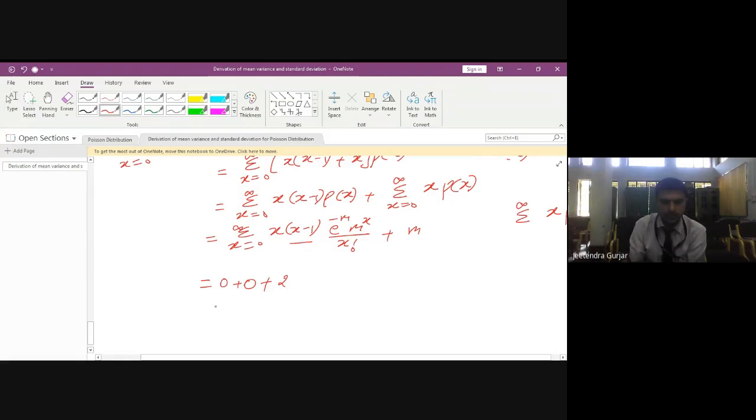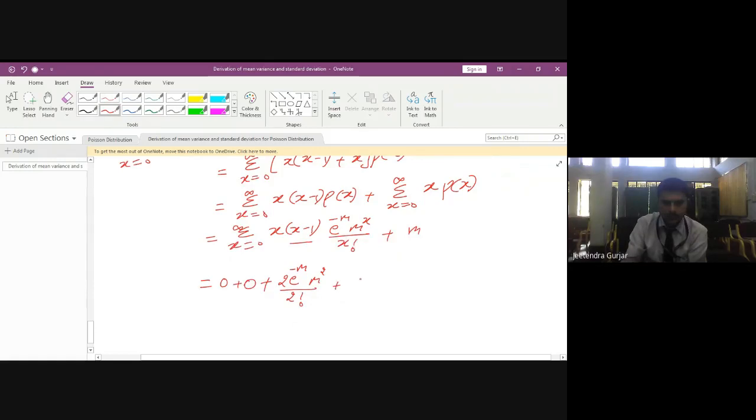So next what you will get here: e raised to minus m. Next you can see it is m raised to x, so m raised to 2 divided by 2 factorial. So similarly continue like this.